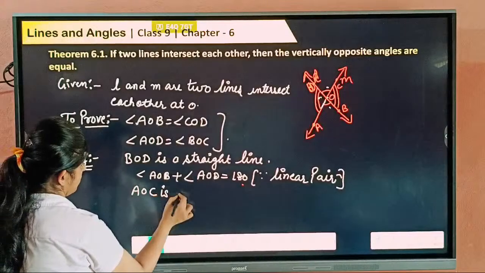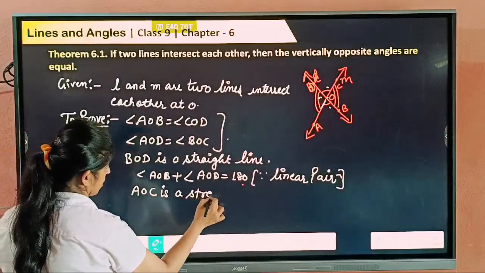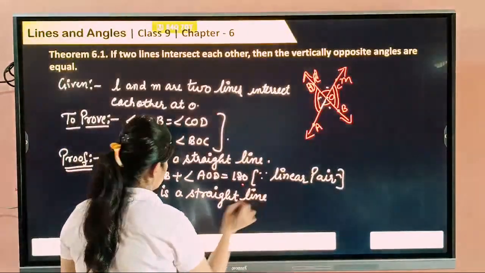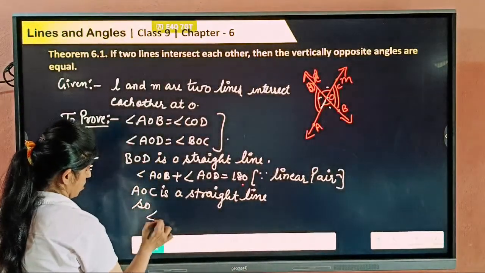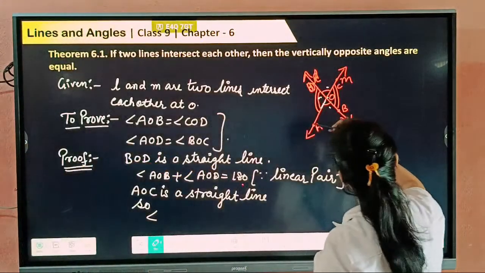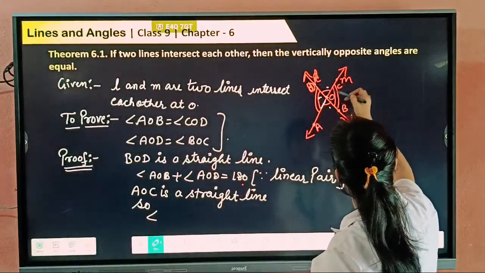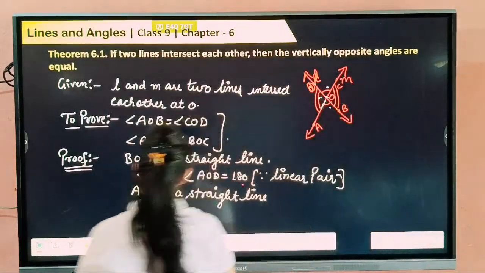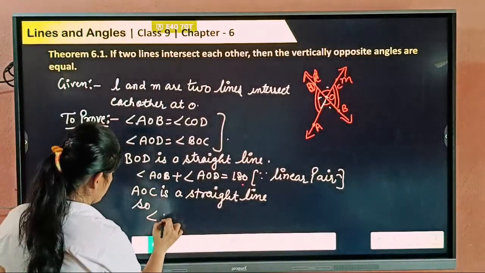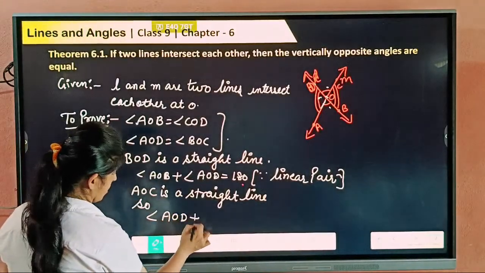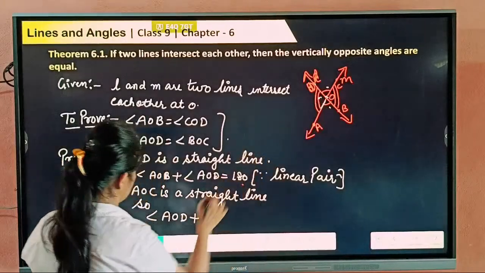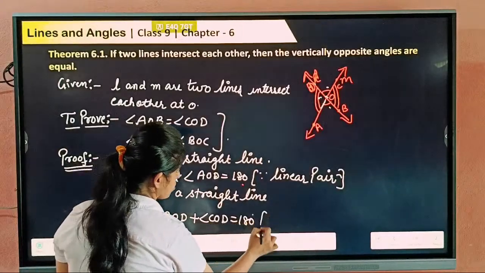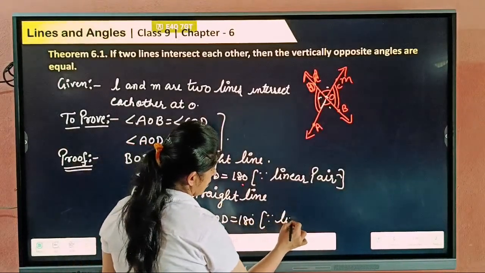AOC is a straight line. So angle AOD plus DOC, or COD, is equal to 180 because of linear pair.